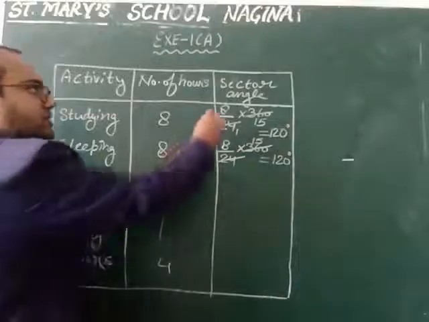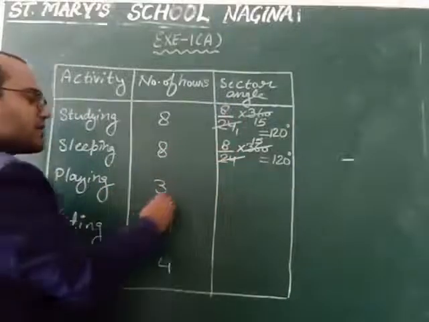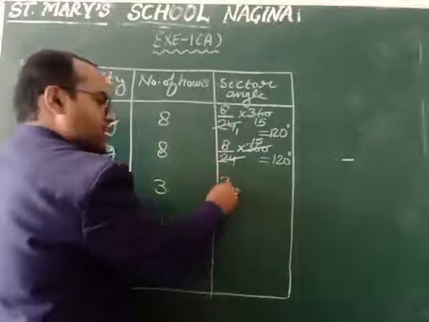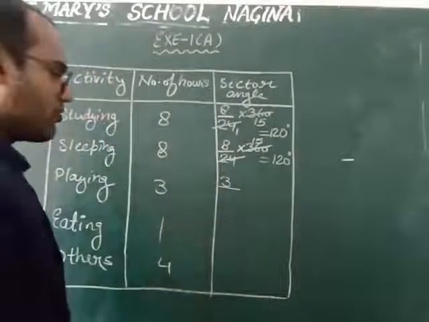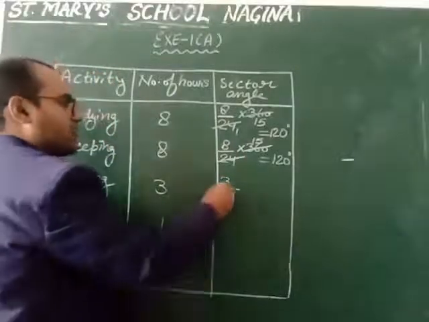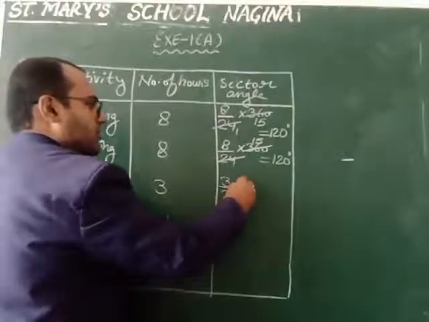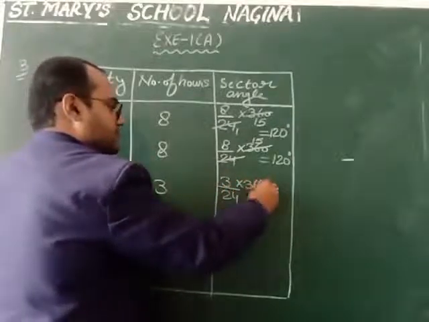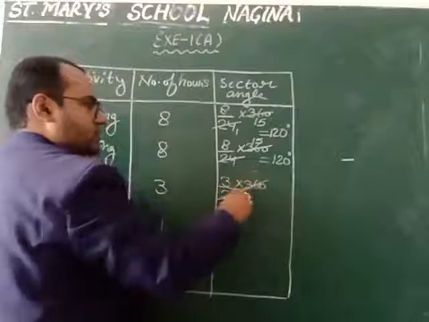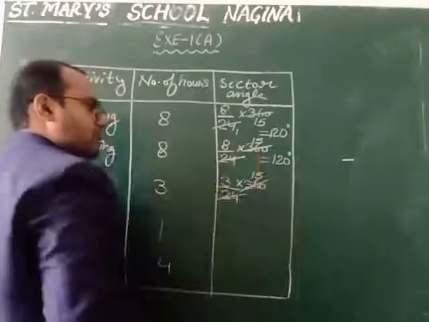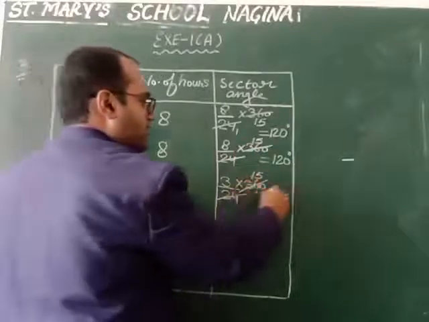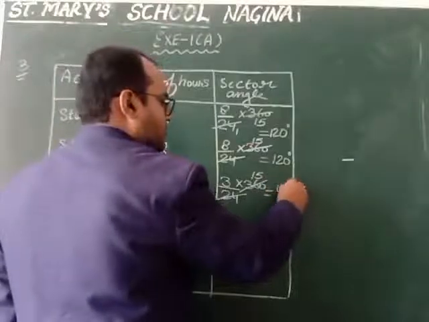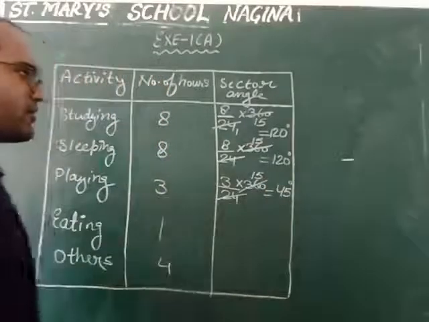Playing, sector angle we have to find for playing. 3 hours he is playing every day. So that 3 we have to take in the numerator, and in the denominator we have to take 24 into 360. 24 and 360 we will cancel. Now 15 into 3 we will do, 45 degree we will get.